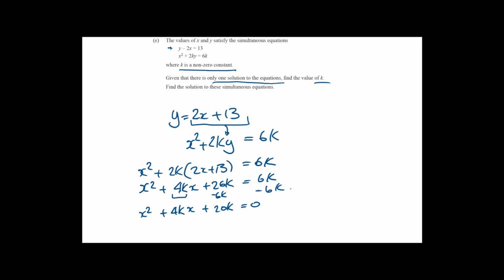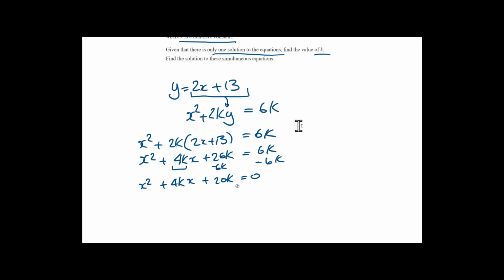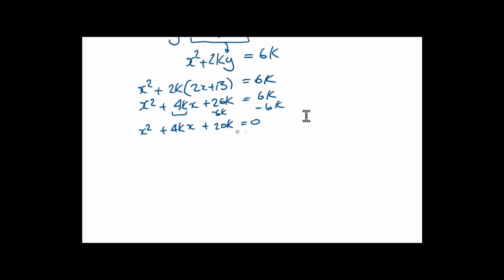Okay. And because there's one solution, the discriminant must be equal to 0. So b squared minus 4ac, which is the discriminant, must equal 0, where b in this case is 4k, squared, minus 4 times 1.